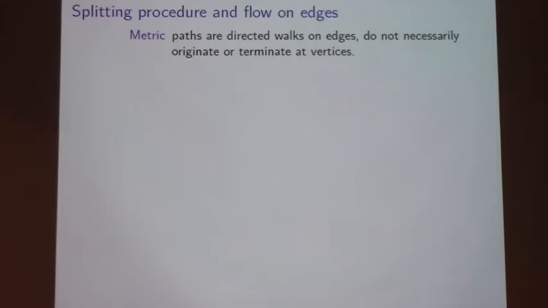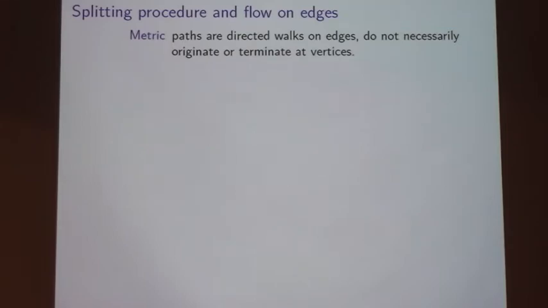So the way I model these partitions on the graphs is using what I think of as a continuous flow on the edges. In my notation, a metric path is just a directed walk on a graph, but it can end anywhere. It doesn't have to end in a vertex.